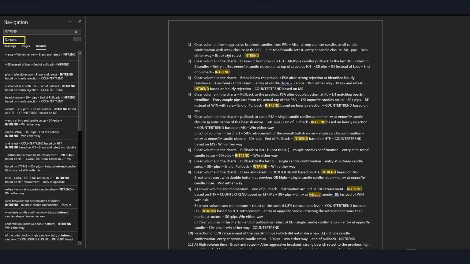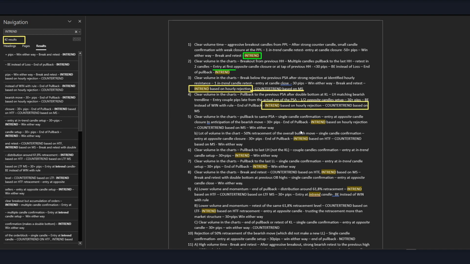So for example, the previous one was in trend based on hourly rejection. So this is more like in trend on the high time frame, but counter trend on the lower time frame, because the market structure is counter trend. Then again, this is the same, basically in trend but counter trend.